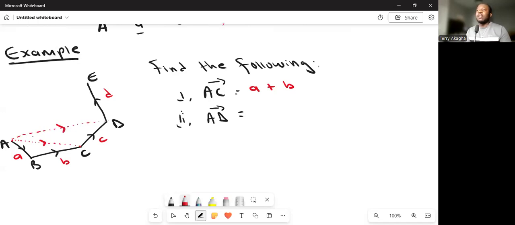You can say vector AD is the same thing as saying AC plus CD, or you can say AB plus BC plus CD.